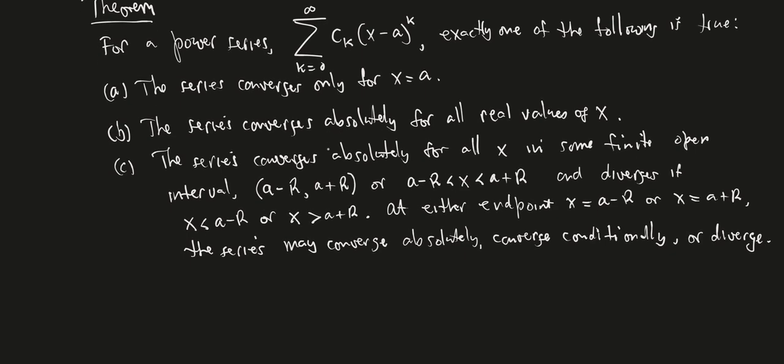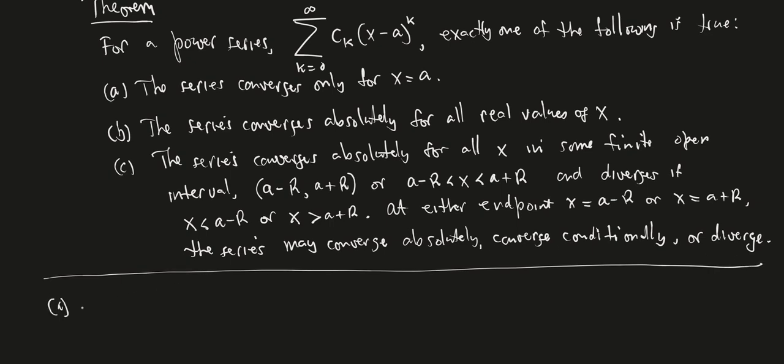So visually, what does this really mean? Well, the first case is basically saying that if you were to visualize this, so here would be part A. Let me draw a line here. You have your real line going from negative infinity to positive infinity, and you have your center here.